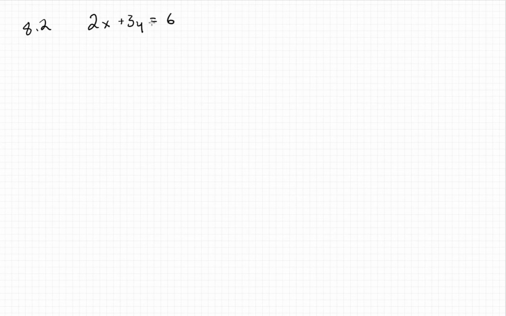All right, so we're going to solve it again just like we did before, and we end up with 3y equals negative 2x plus 6. Divide everything by 3. That gives us y equals negative 2/3 x plus 2. Okay.